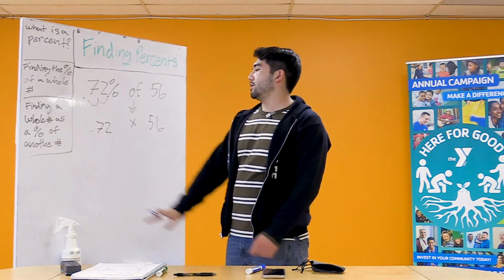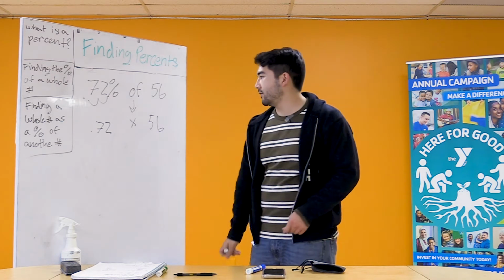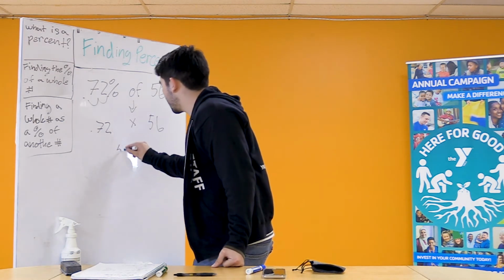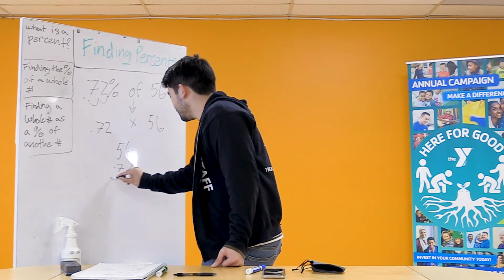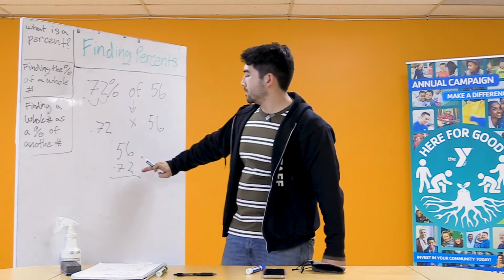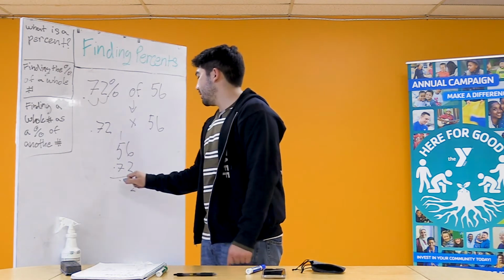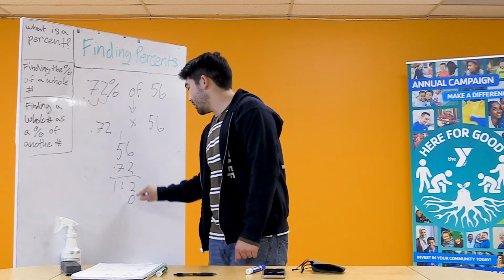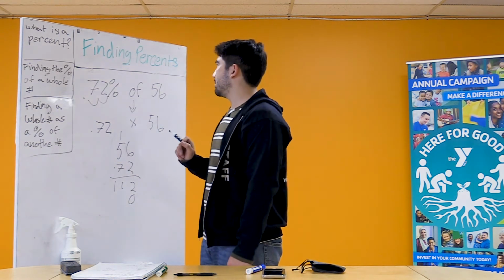So what we're going to do is 0.72 times 56, and this we can solve. So let's go ahead and stack our problem. Okay. 2 times 6 is 12, carry the 1. 2 times 5 is 10, plus 1 is 11, add a 0. 7 times 6 is 42.